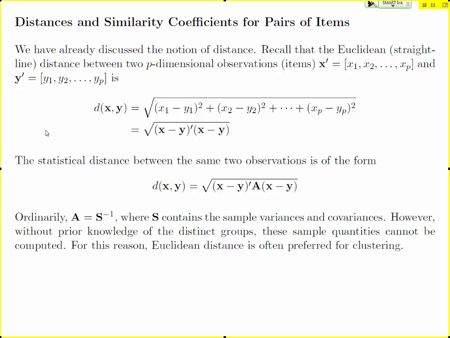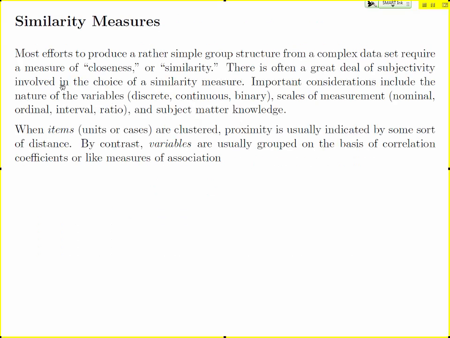or, like we'll see momentarily, correlations. So the authors point out a couple of times that when clustering individuals or items, that would be the rows, often that's done with a real distance calculation, like a Euclidean distance or something.